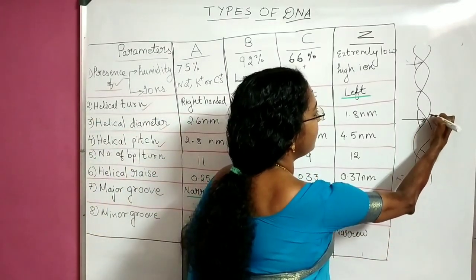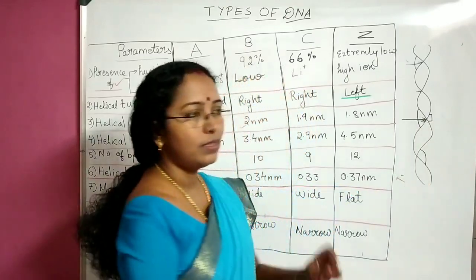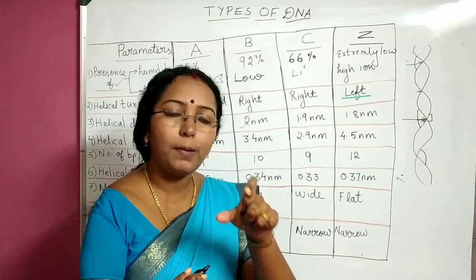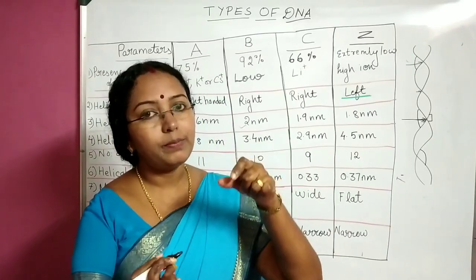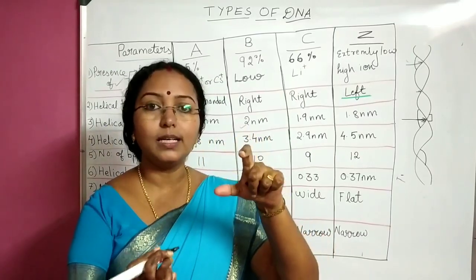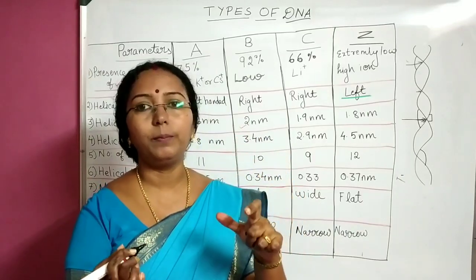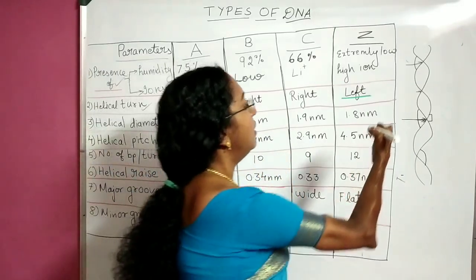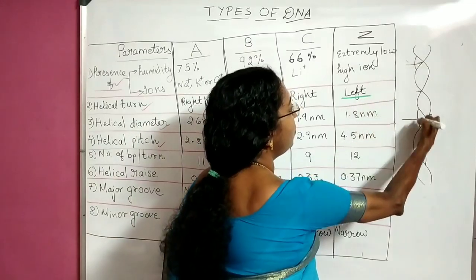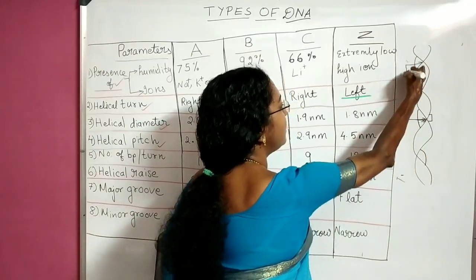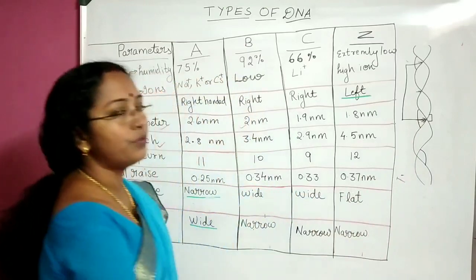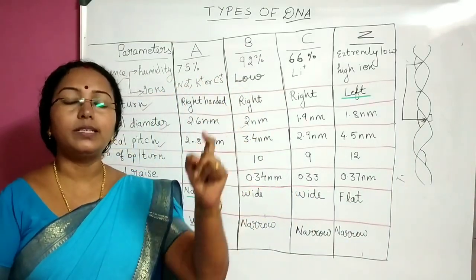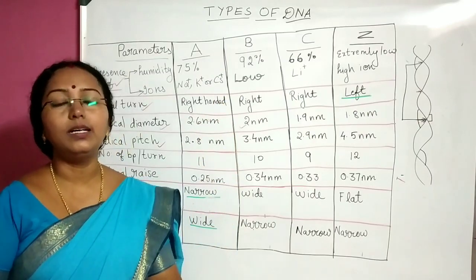But here you can see this is a minor groove, isn't it? The width is very less, or the depth is very less. So that is called a minor groove. If the depth is too high, you call that a major groove. Understood? So here, this is a major groove, this is another major groove. The distance between these two major grooves is taken as one turn, that is called the pitch of the helix.